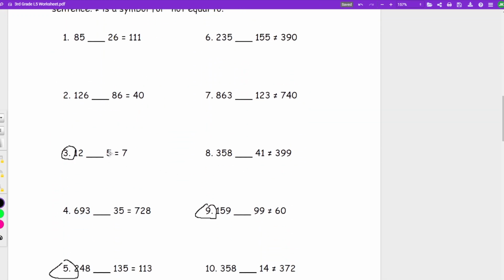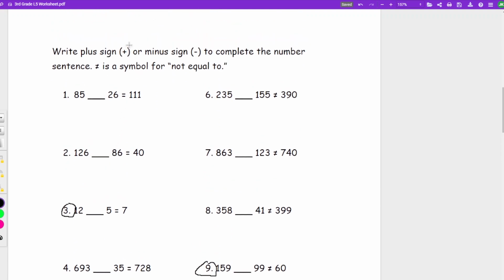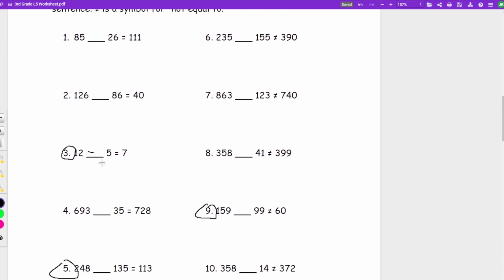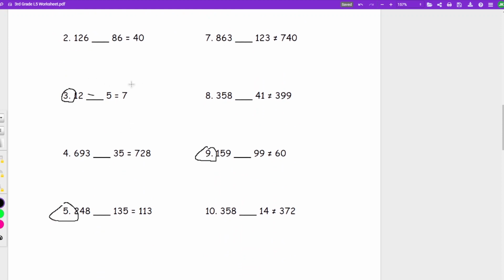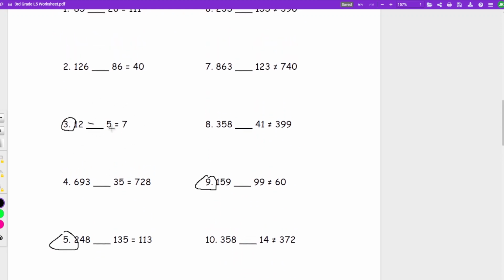Okay, number 3. I have to add a plus or minus sign to make this true. So 12 minus 5 equals 7, because 7 plus 5 is 12, so the opposite is minus.